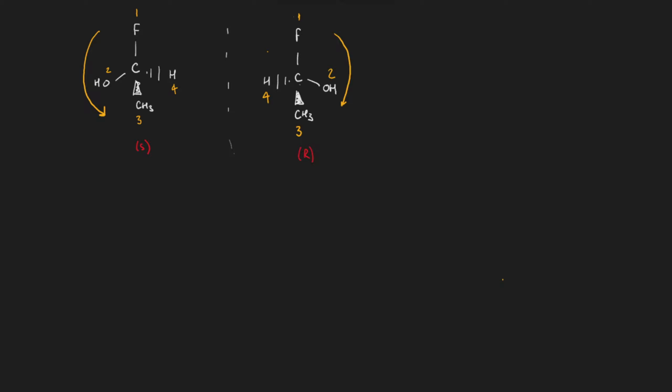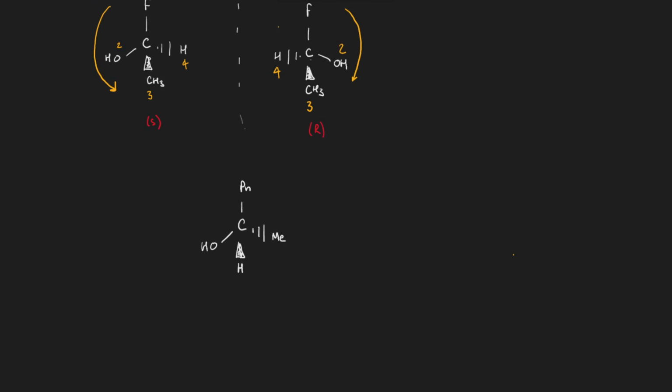Let me give you an example. We have a carbon from here attached to our phenyl group. We'll put a methyl group in the back. Then we'll actually have a hydrogen in the front. And we'll just put a hydroxyl group here. Remember, phenyl is just our benzene ring.